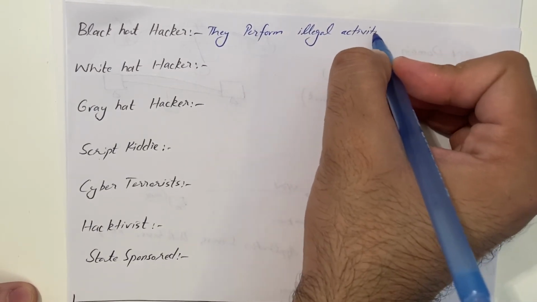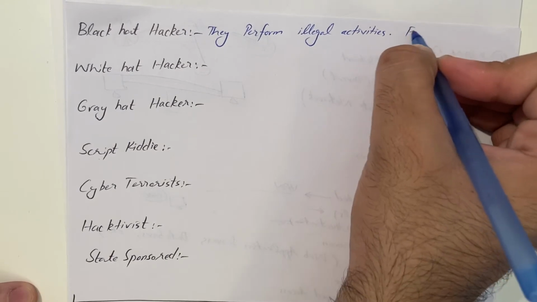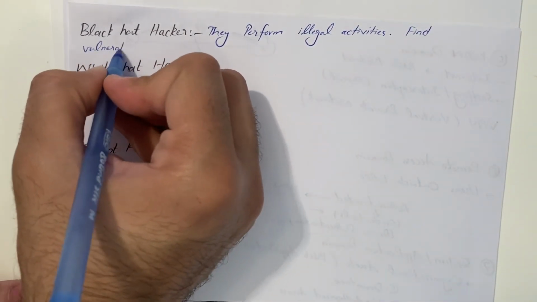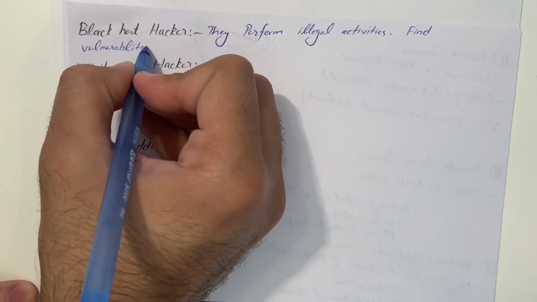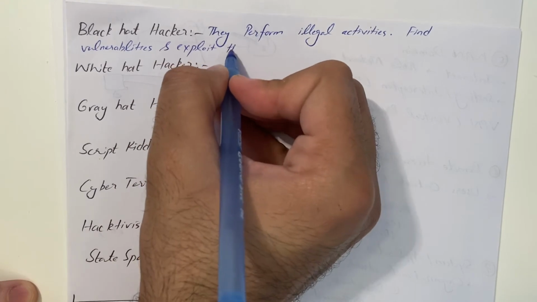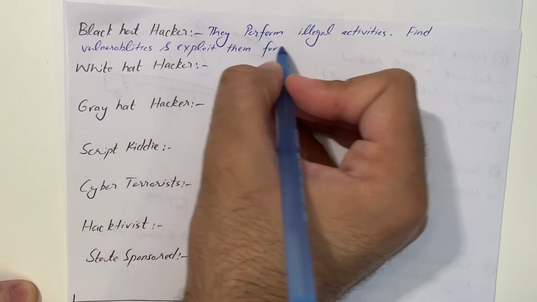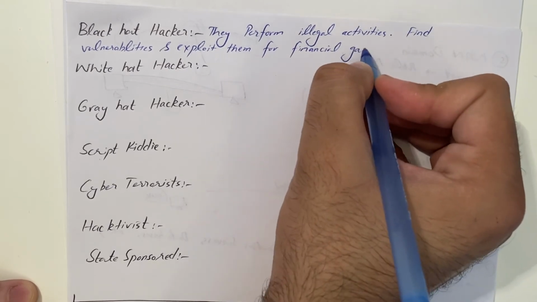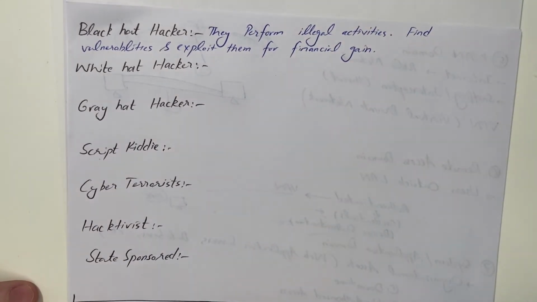In simple words, you can say they find vulnerabilities and exploit them for financial gain. Mostly financial gain or other destructive purposes, whatever their agendas are.